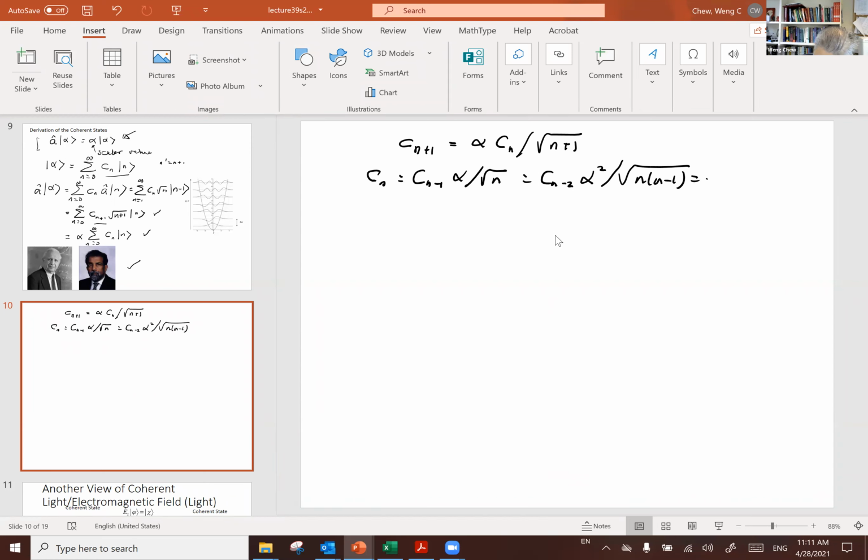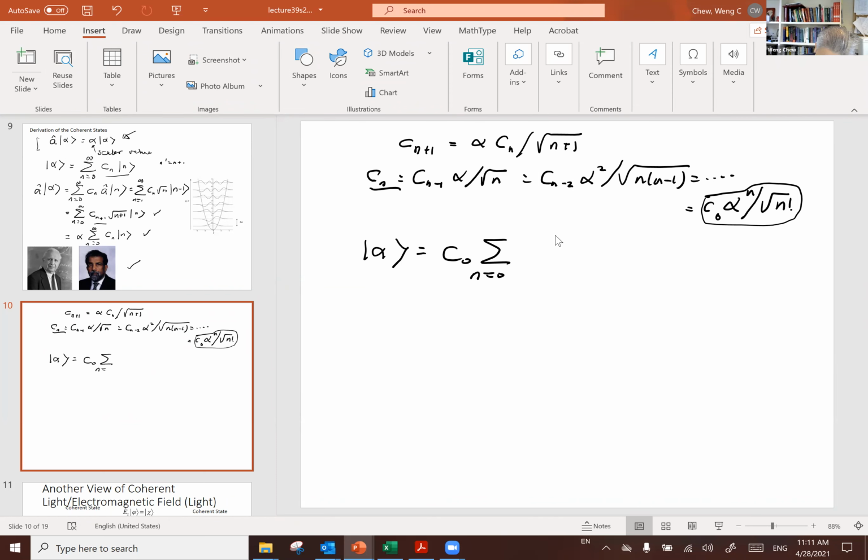And then it goes recursively until it arrives at the beginning of the recursion, C0 alpha^n over the square root of n factorial. Okay, you can solve this recursively, and hence you can find C_n. C_n can be expressed in terms of C0. And hence the coherent state can be written as C0.